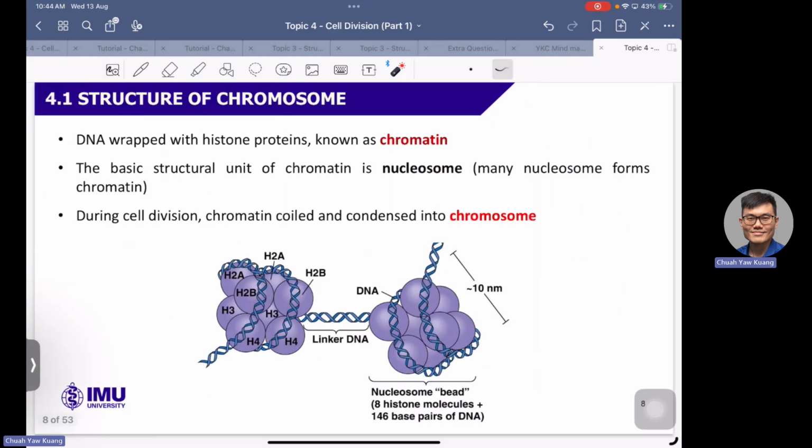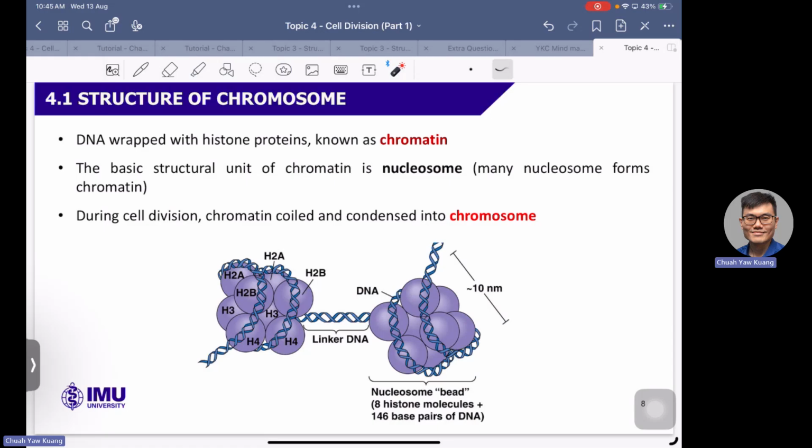All right, since we have 46 chromosomes, that means 46 strands of DNA. Every single cell in us, except the gamete, no matter your hair cell, your skin cell, or whatever cell it is, will contain 46 chromosomes.